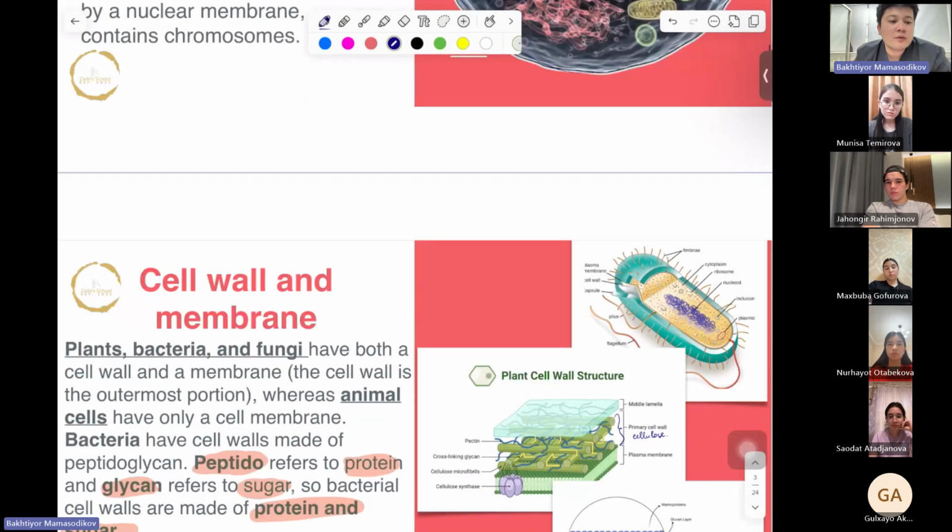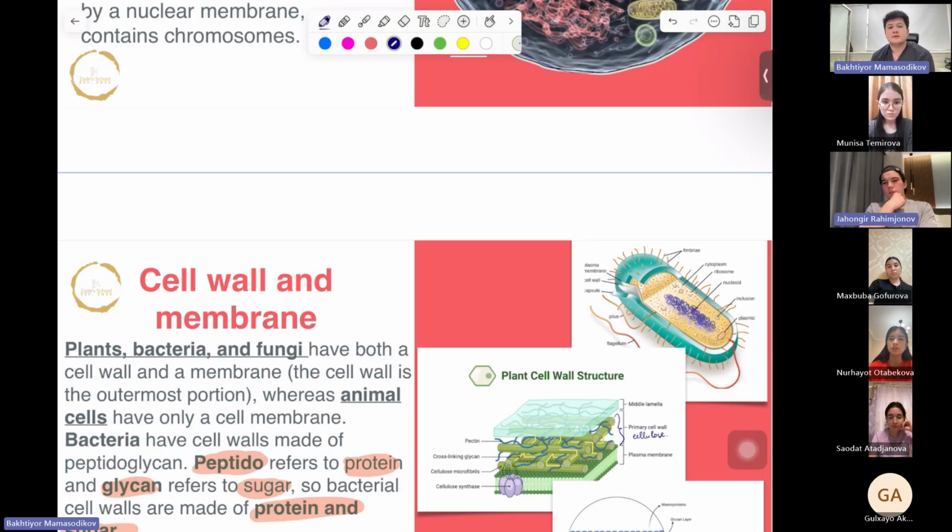What's the cell wall of fungi called, Nurhayat? Jahangir? Could you repeat?